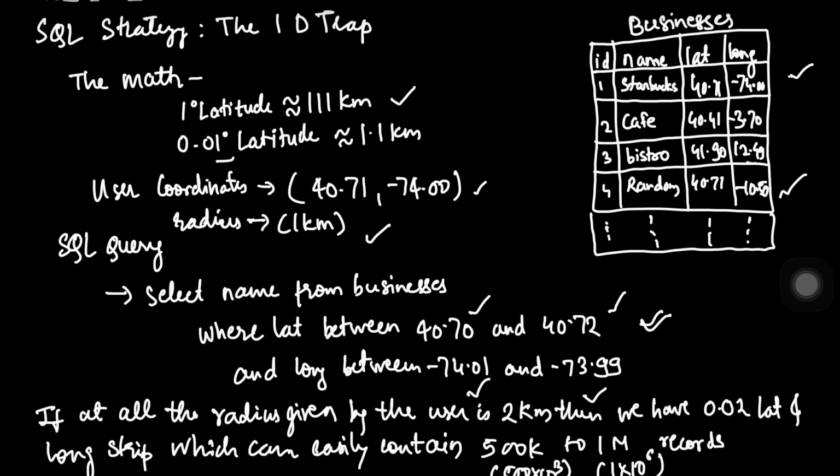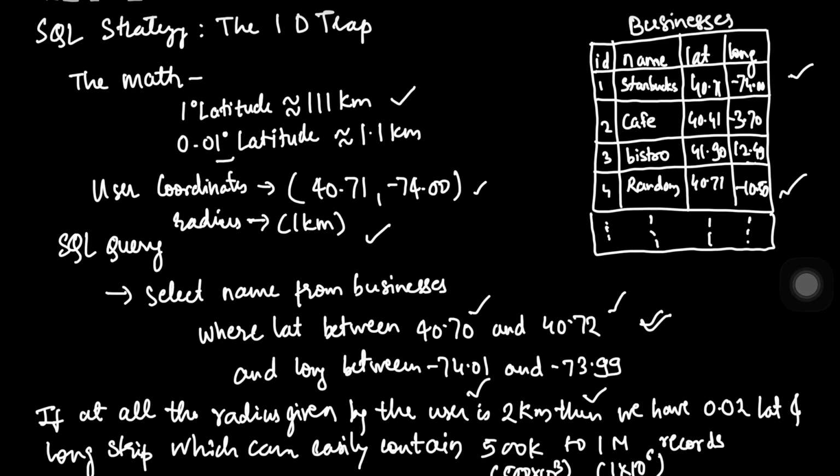So in our example, Starbucks and random were considered within the filter, and after that the longitude was also compared. For every single one of those filtered rows, the database must perform a secondary check for the longitude range also. This is a bottleneck. The database is doing double the work because it cannot filter both dimensions simultaneously.